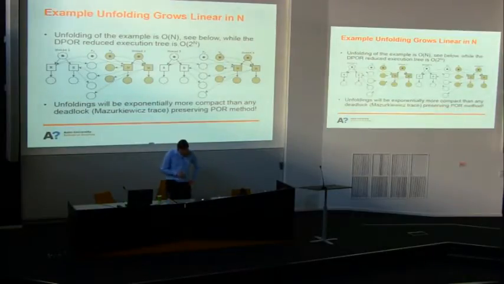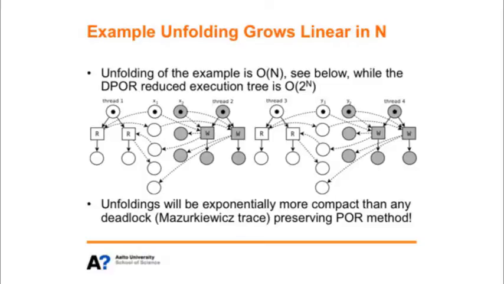Now if we do the unfolding, it's not pretty, but it is linear size. So this is doing the races between thread 1 and thread 2. Either the read goes first and then the write on thread 2, or the write goes first, after which the read happens on the thread 1 side, right?